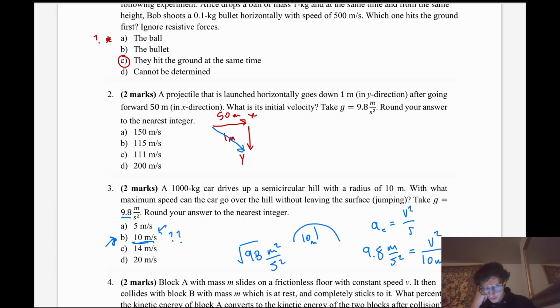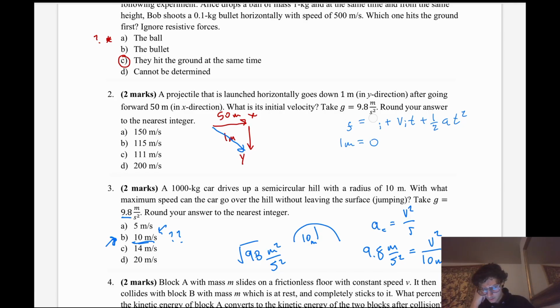So using this equation, x final is equal to x initial plus v initial t plus 1/2 a t squared. X final is equal to 1 meter. Sorry, this is the y. I'm talking about the y over here.